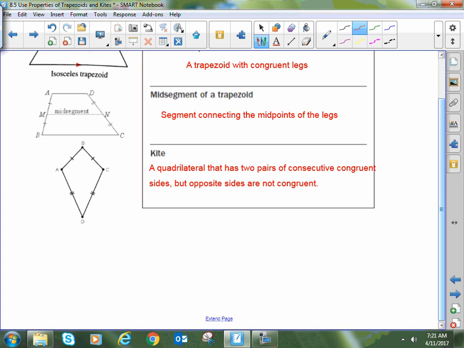Now, as far as a kite is concerned, there's some extra information I'd like to add here. So essentially, a kite is two isosceles triangles that share a base.